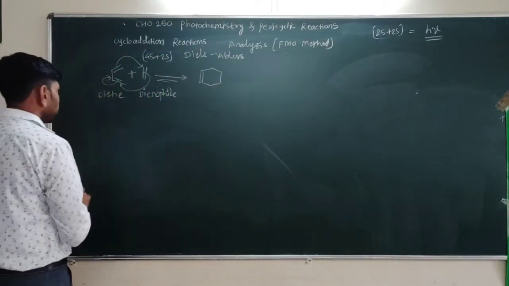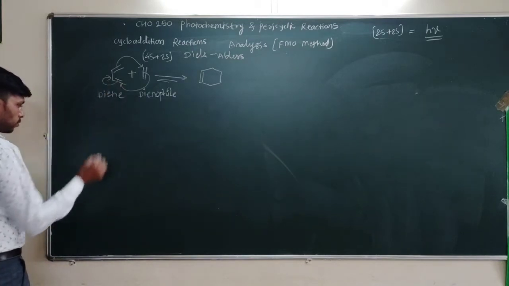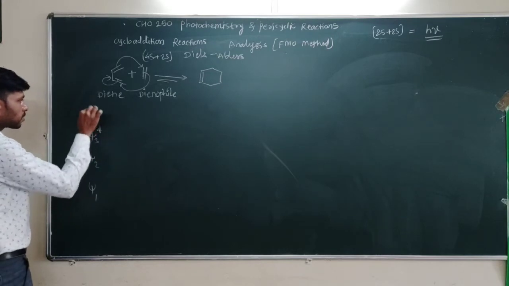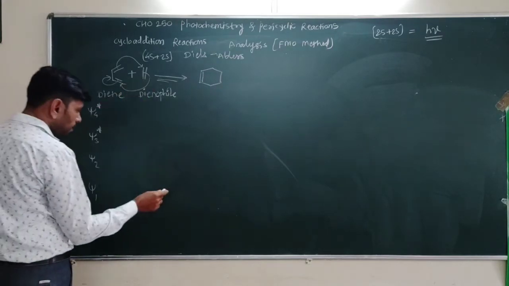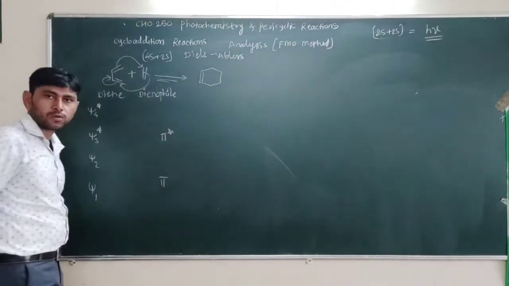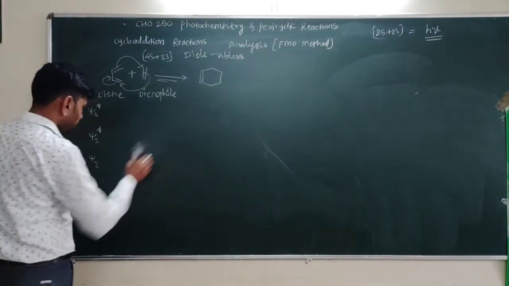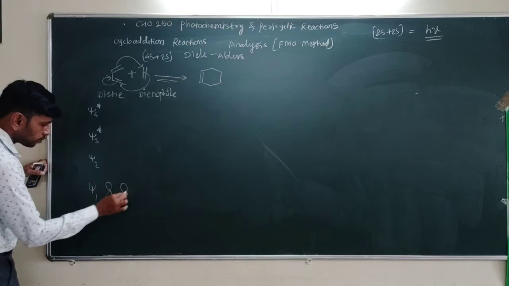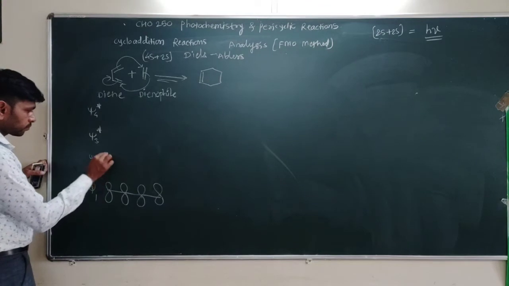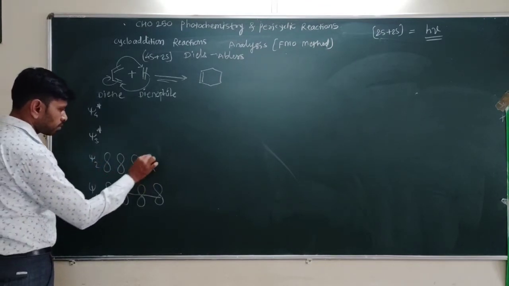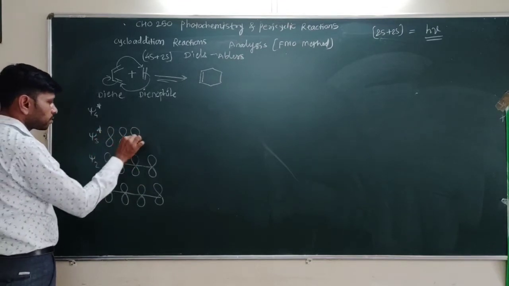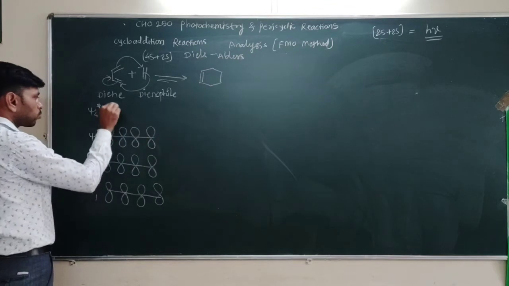Let's see here. This is the 4 pi electron system. So 4 molecular orbitals: psi1, psi2, psi3 star, psi4 star. And this is the second partner, which is the 2 pi electron system. We say pi and pi star. First, let's draw the orbitals for the 4 pi system. This is psi3 star, 4 atomic orbitals, 4 molecular orbitals.